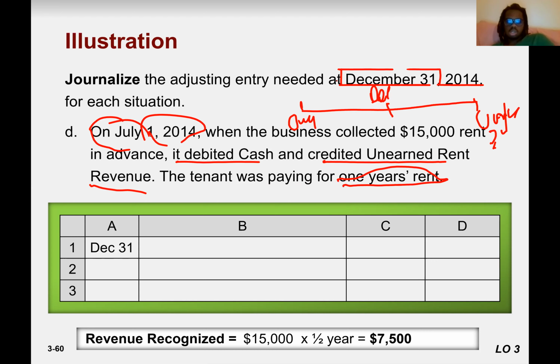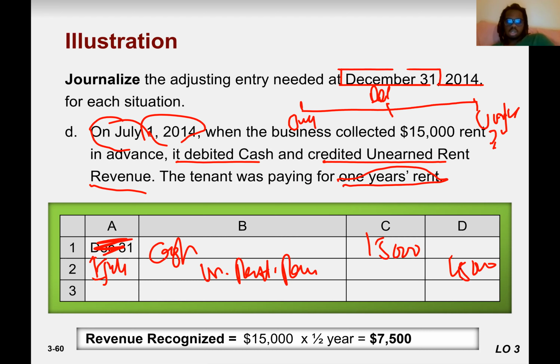When you receive that amount, the question says that we create a liability, unearned rent revenue, credited. So on July 1st, the entry they did was cash received 15,000 to unearned rent revenue 15,000, right? Because we didn't perform the services of rent.